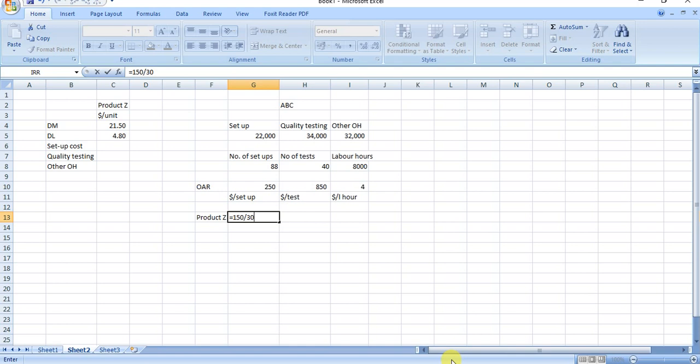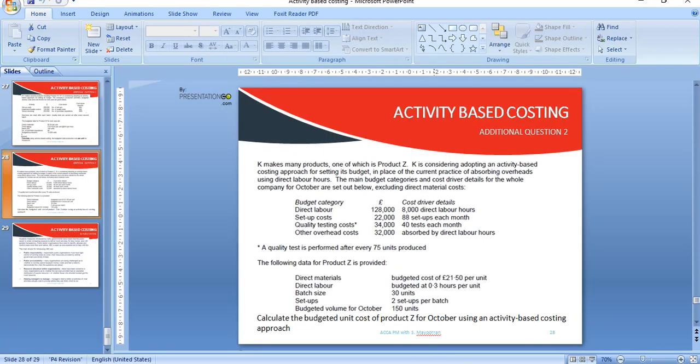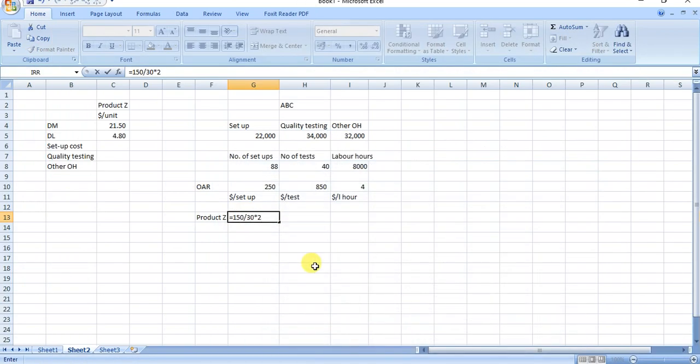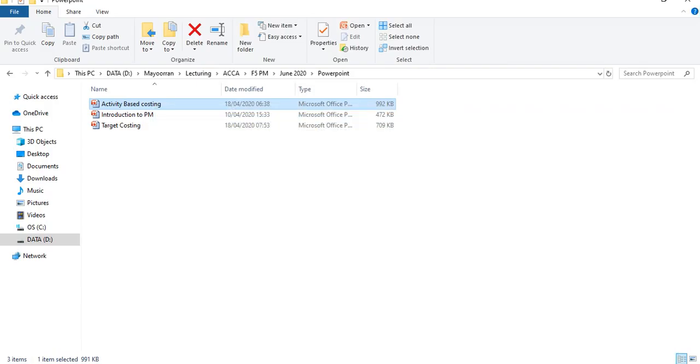And for each batch you are doing 2 setups, am I right? Yes, 2 setups per batch. So find the number of batches and multiply by 2, you get the total number of setups. Number of tests, 150 divided by 75, because they said every 75 units you do a test. Labor hours we need to find out.